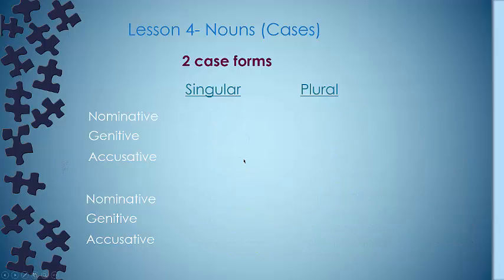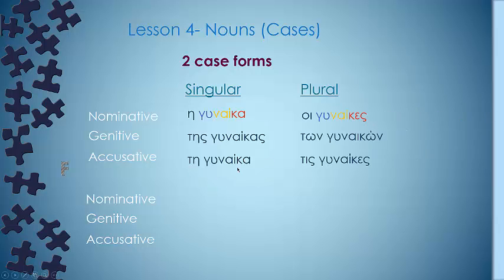Let's see a female noun. Η γυναίκα, which is the woman. Της γυναίκας, τη γυναίκα. And in plural, οι γυναίκες, των γυναικών, τις γυναίκες. Same goes as before. Η γυναίκα has three syllables, and οι γυναίκες has three syllables also. So here is our first category.